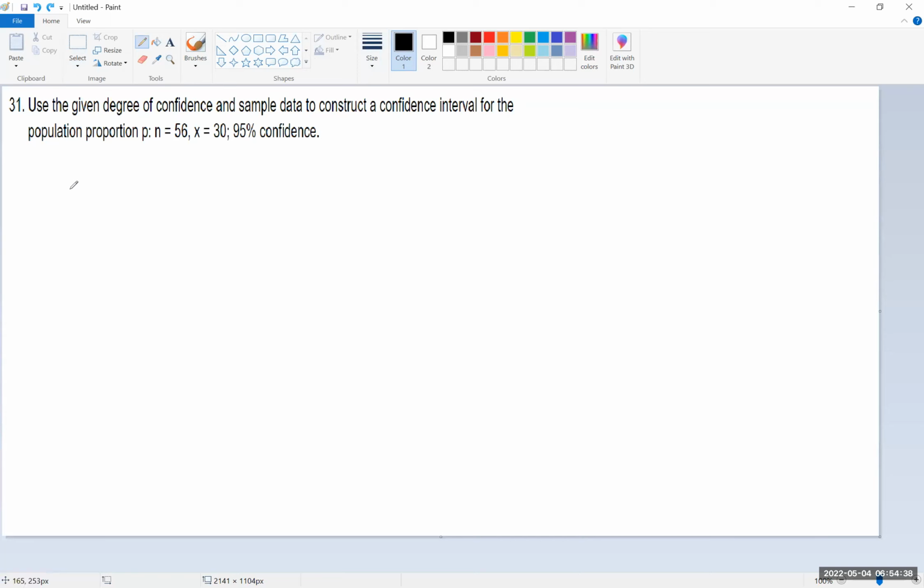So the formula is going to be p hat plus or minus z alpha over 2 times the square root of p hat times q hat over n, where q hat is 1 minus p hat. Okay, so then the first thing we need to figure out is what is z alpha over 2.